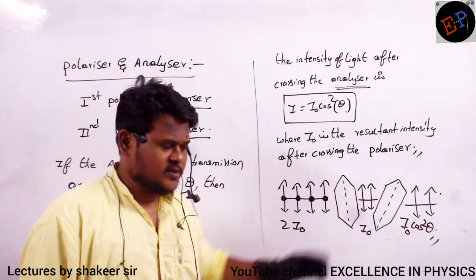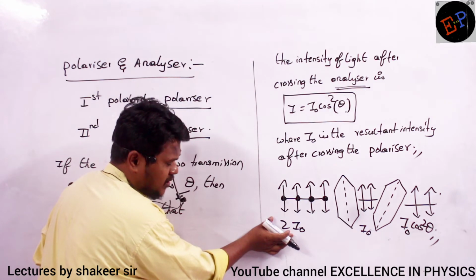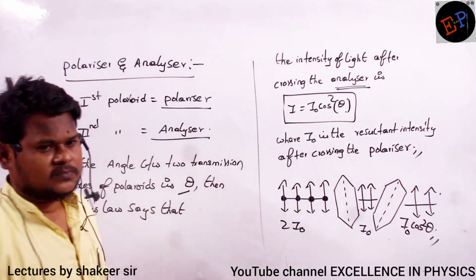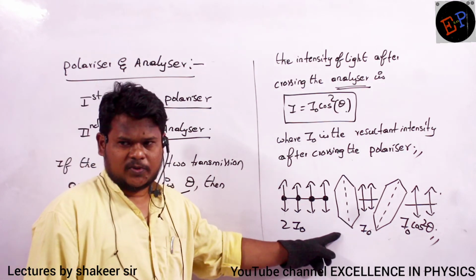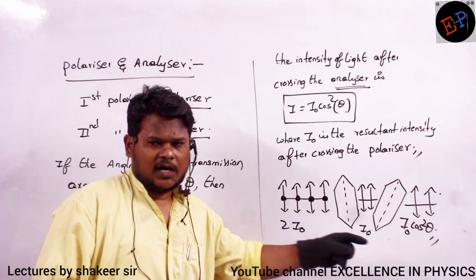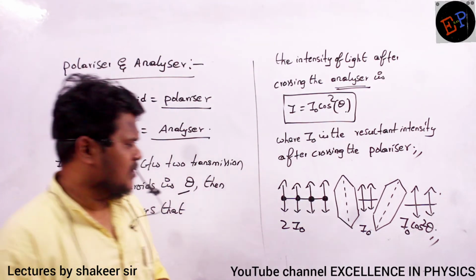Are the statements understood? What is the initial intensity I am giving? 2I naught. 2I naught has become I naught. Why? After passing through the first Polaroid, 2I naught has become I naught. What is the reason? Half of the electric field is filtered, no? So therefore only I naught is present. Clear, no?